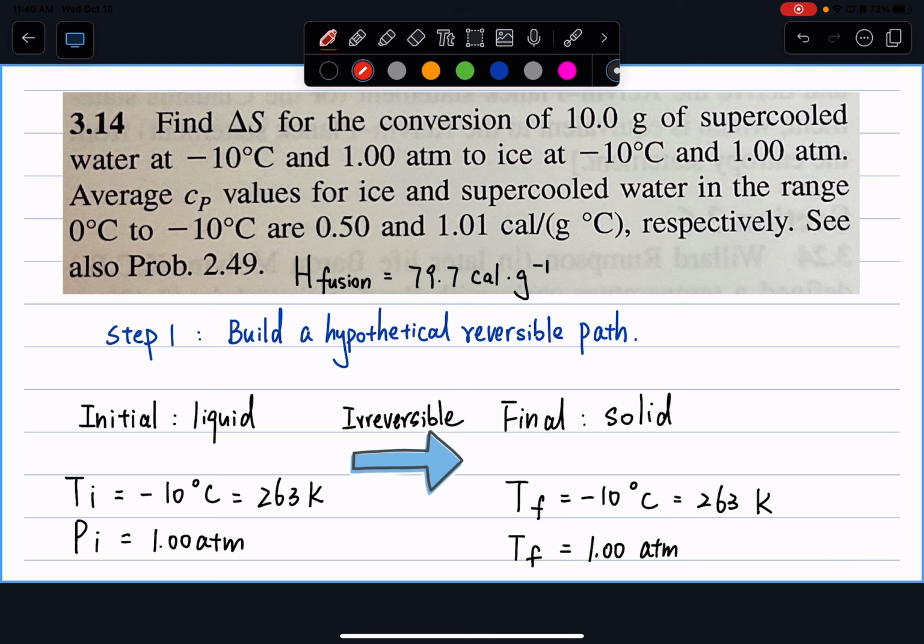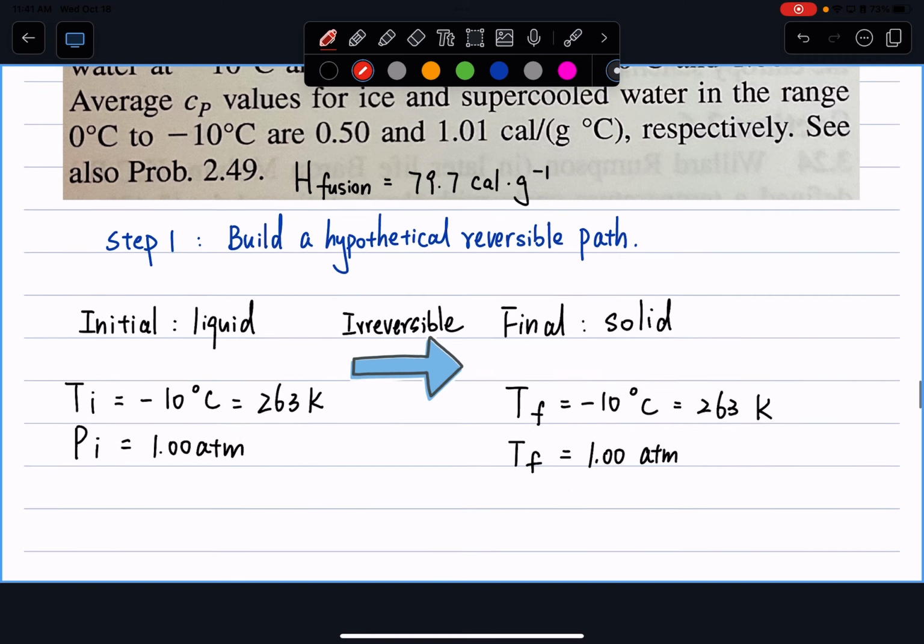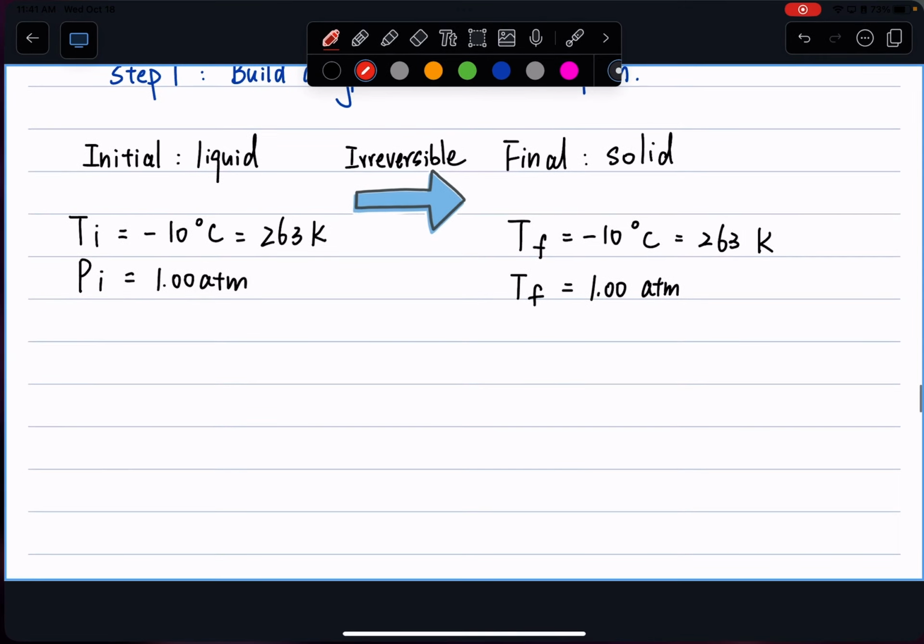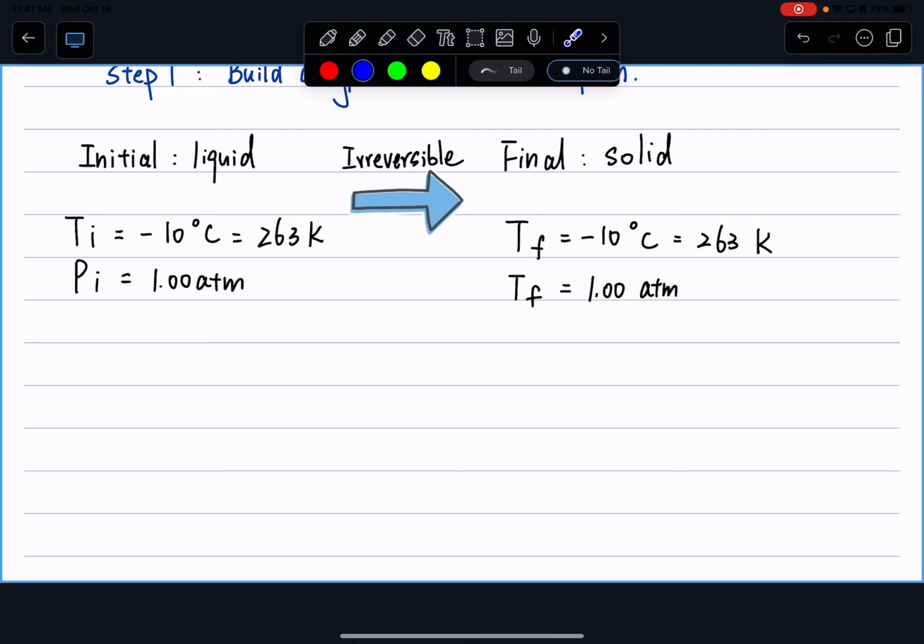We do not have a direct way to do it because the process appears to be irreversible. But how do we construct a reversible path on paper? This is how we do it. Our initial state is supercooled liquid water at negative 10 degrees Celsius, P equals 1 atm.